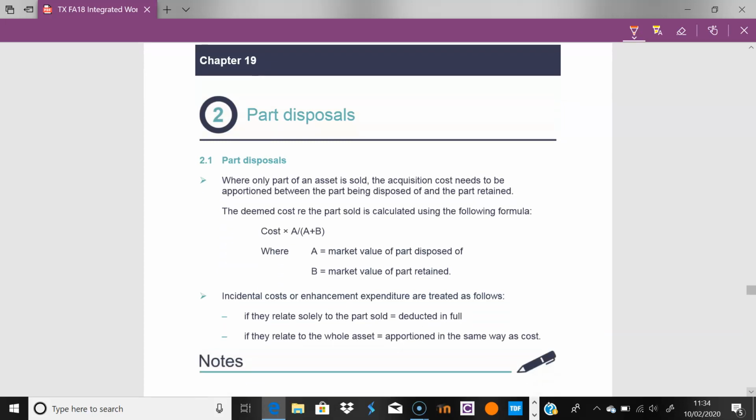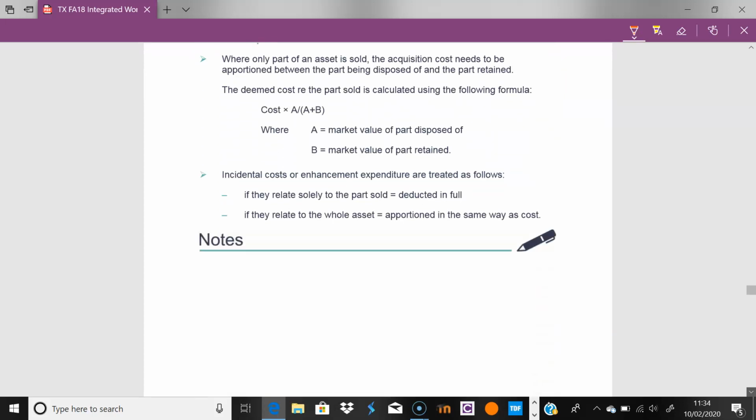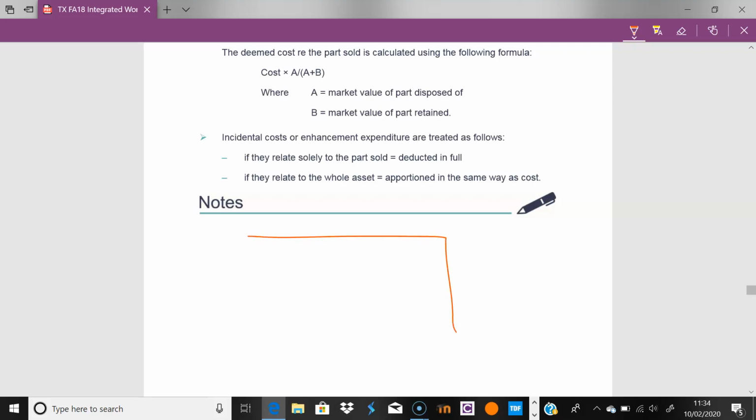Just to illustrate, imagine you have a piece of land. It is easy to think that, okay, because this is 3 hectares or whatever, and this is 12 hectares, somehow the value of the land is split by virtue of size. Well, no, because we don't know what's on the land.